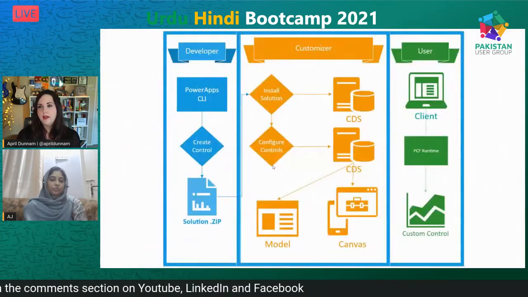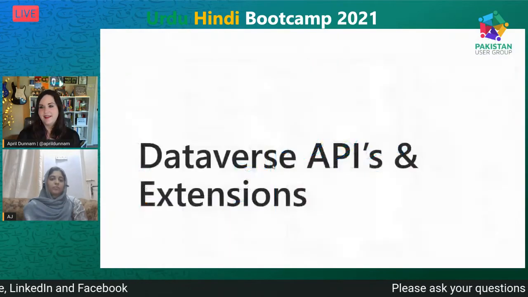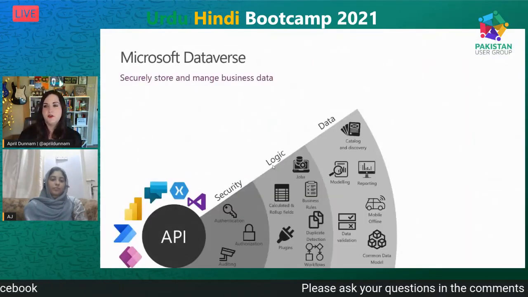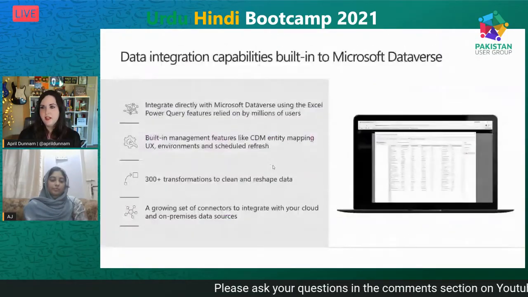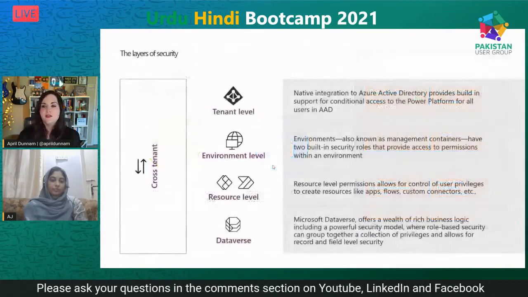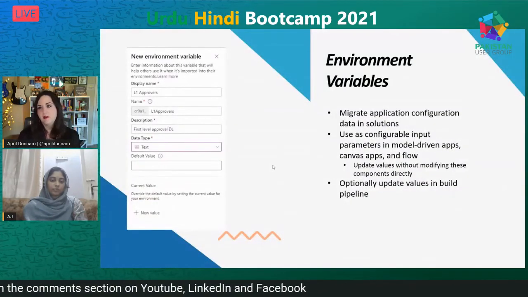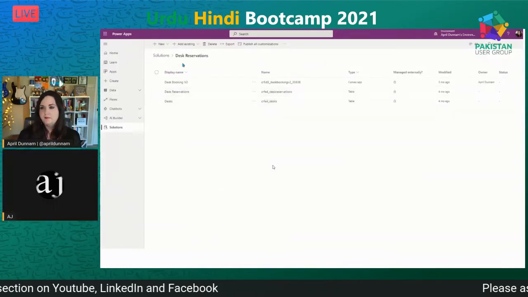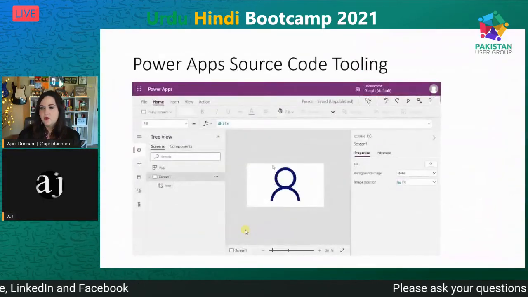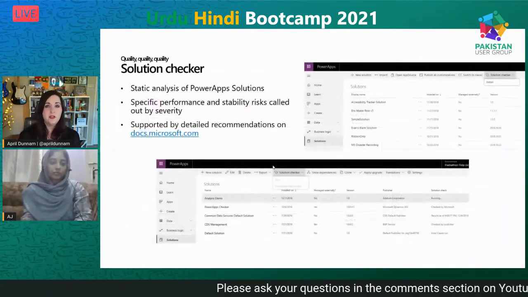The other thing I wanted to point out is the ability to integrate with Azure. And I want to get to this end slide because I have a few resources that I think are good, and that explains Dataverse and how that goes. We have support for application lifecycle management, which is great, integration with Azure DevOps and GitHub. And let's just switch over to the end. Source code tooling: there's a Visual Studio Code extension.